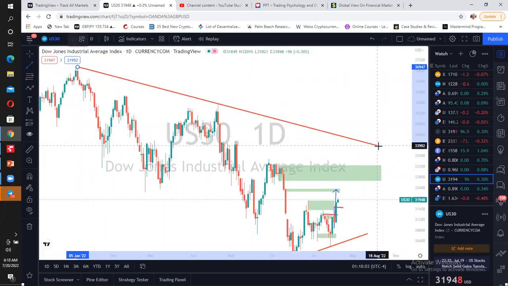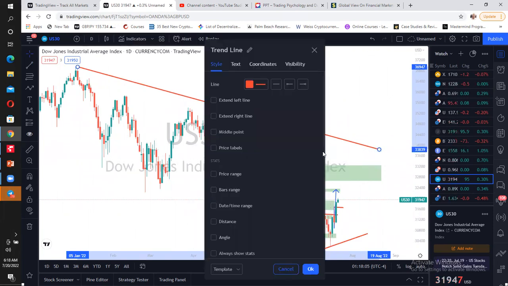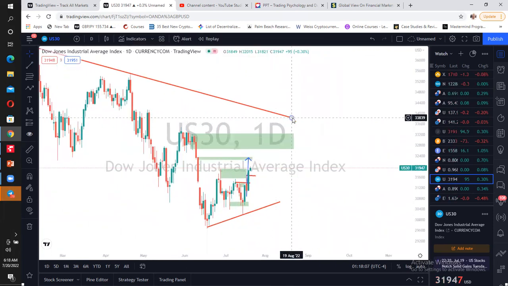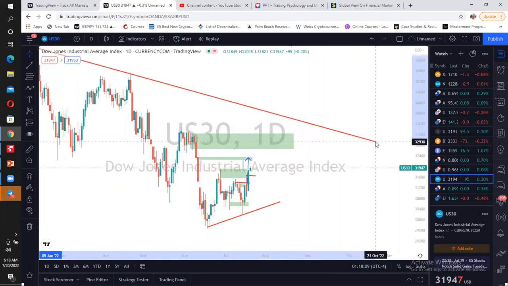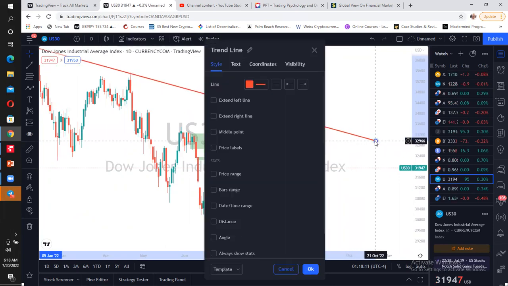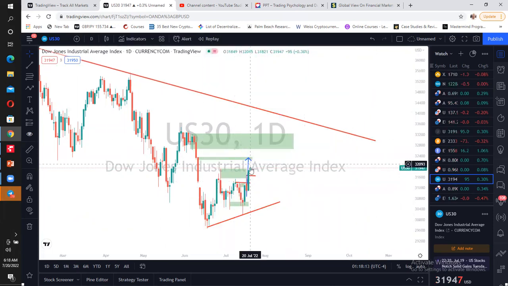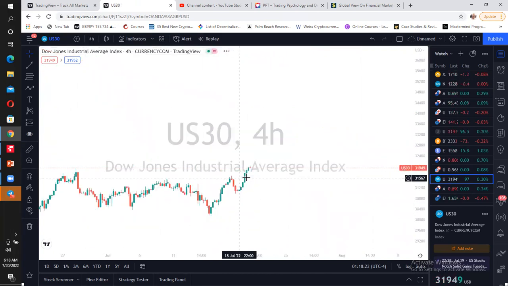This trend line here. Okay, still far. So that is what we have. Let's go to 4 hours time frame.